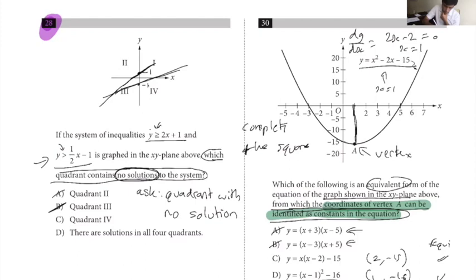So for the greater than, this is shaded. And for greater than here, this is also shaded. But we are looking for a solution to both the systems. So it would be from here and here above. And so it doesn't include quadrant 4. Yeah. Okay. Thank you, Ernie.